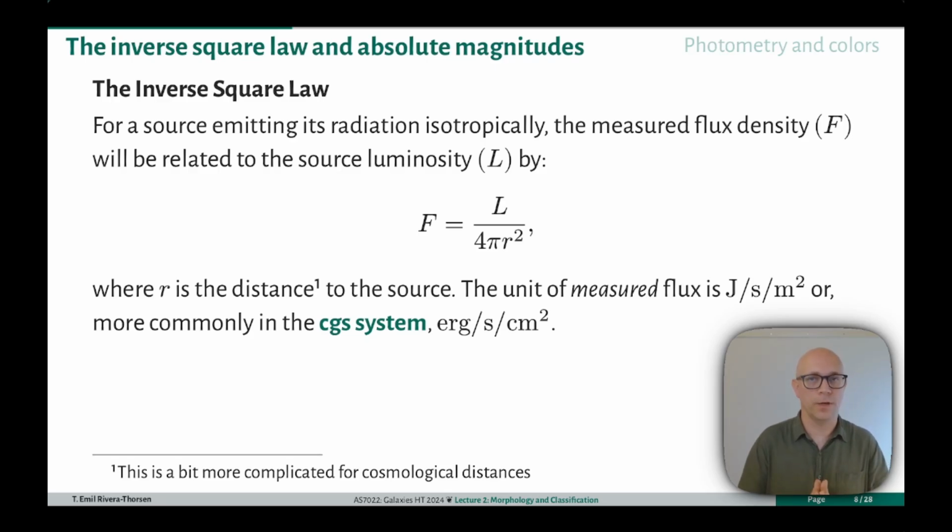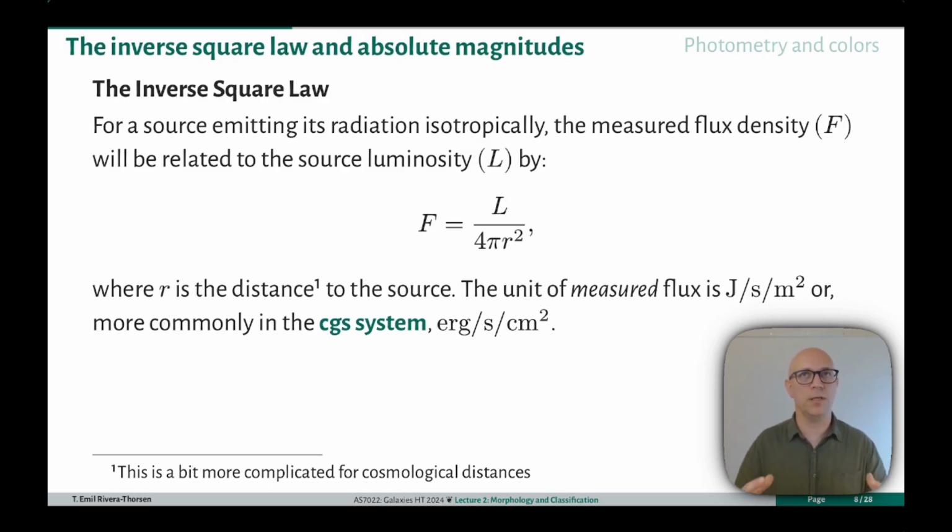When we look at fluxes, it is important to know about the inverse square law. For a source that is emitting its radiation isotropically, that is equally much in all directions, the measured flux density will be related to the source luminosity by the function that we see here. So what is the difference between flux density and luminosity?